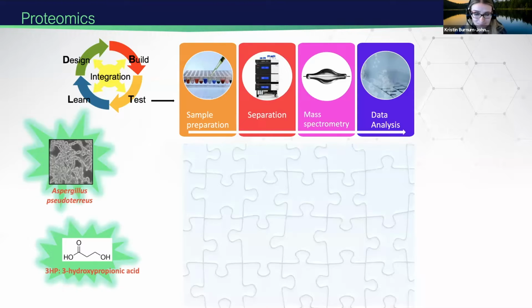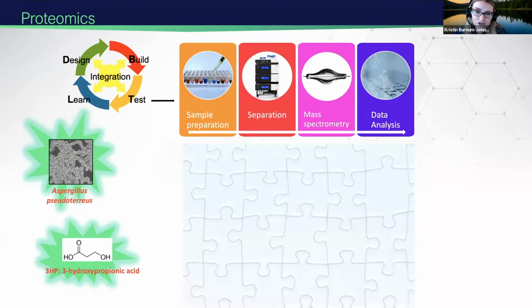And for example, we are engineering Aspergillus pseudoterius to make large quantities of 3HP. 3HP is a valuable platform chemical, which means it is a precursor in the industrial production of a number of chemicals such as acrylic acid. So bioplastic production is one example. Therefore, instead of making plastics with petroleum-based raw materials, we can use renewable materials, reduce the use of fossil fuel resources, have a smaller carbon footprint, and faster decomposition.